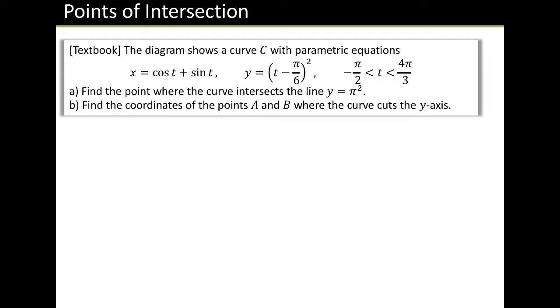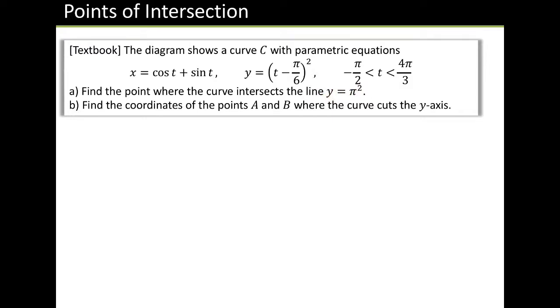So let's read through this question. The diagram shows a curve C with parametric equations x equals cos t plus sine t and y equals t subtract pi over 6, all squared. Find the point where the curve intersects the line y equals pi squared.